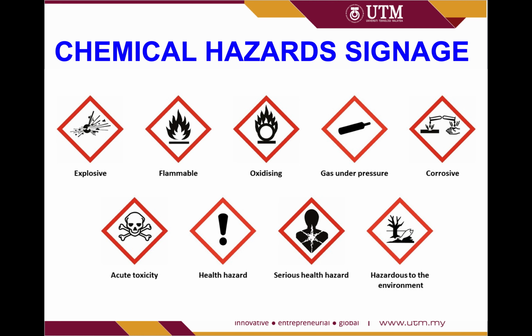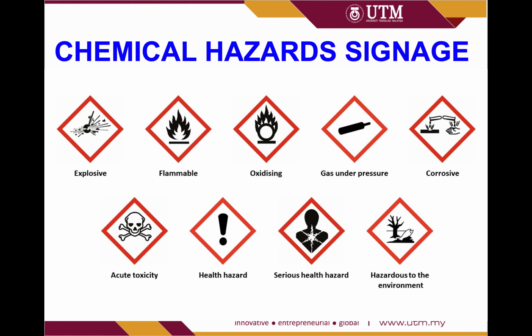The new signage starting from 2013 has a white background, and the signs are basically in black, enclosed by a red diamond. So all over the world, this is the chemical hazard signage, and they are for explosive, flammable, oxidizing or oxidizer, gas under pressure, corrosive, acute toxicity, health hazard, serious health hazard, and hazardous to the environment.